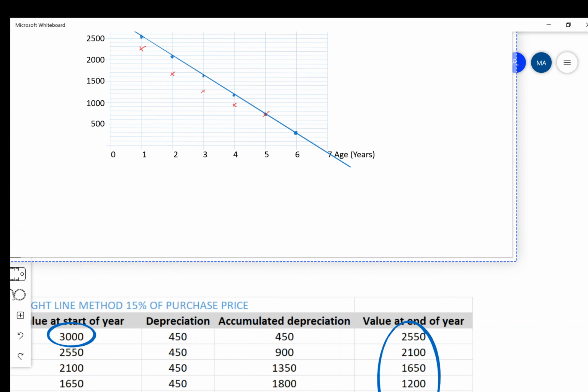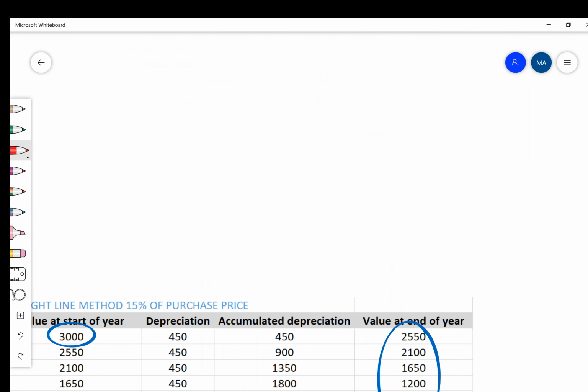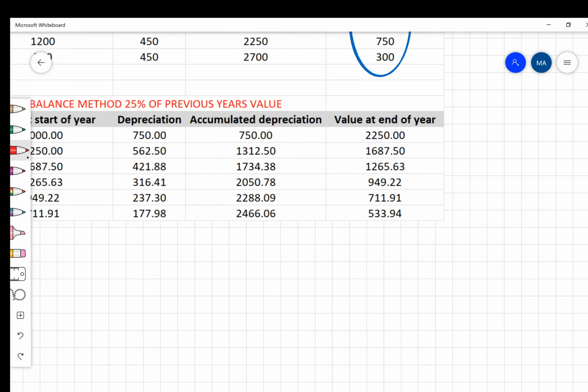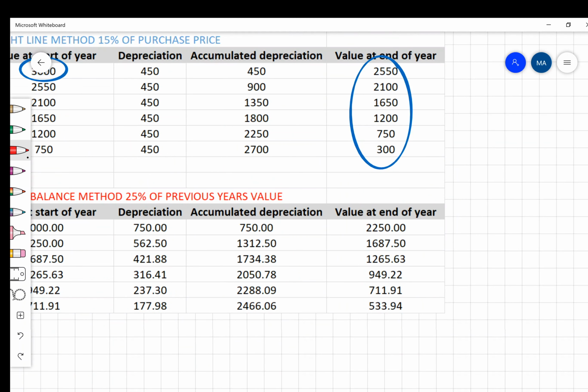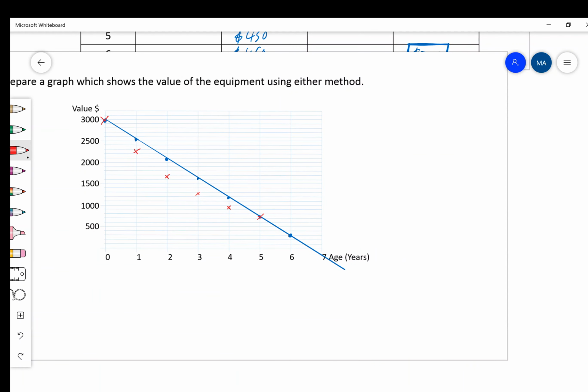So still just a tiny bit below, but it's about to go back above it because the last one is $534-ish, close to anyway. So 534 is about, say, roughly there. Okay, so you can see that the reducing balance method dips down below and then curves back up.